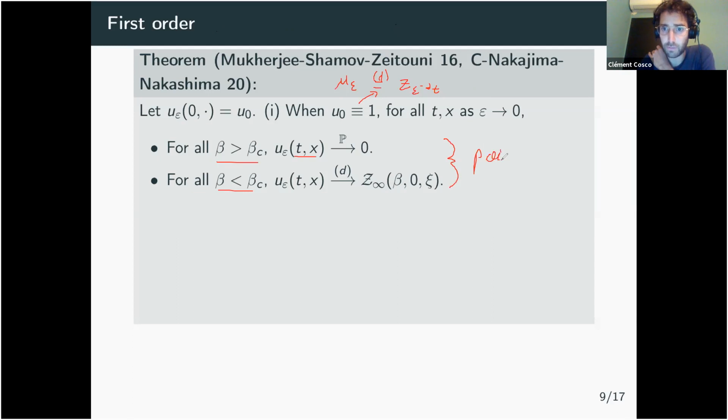And you can ask what happens when you look at U epsilon as a distribution, because in high dimension this is maybe the right way to look at them.